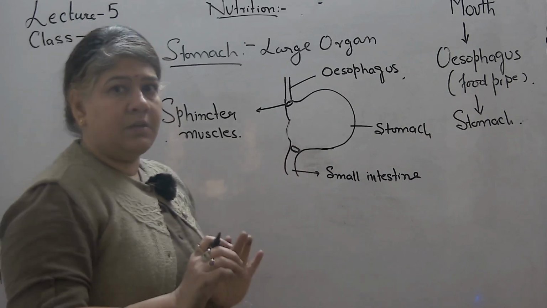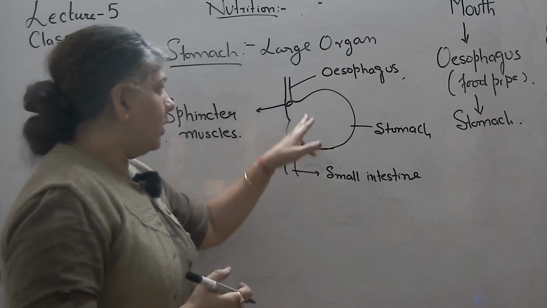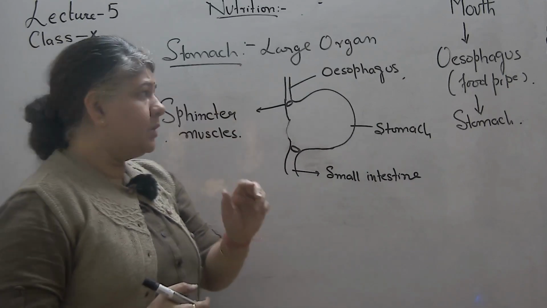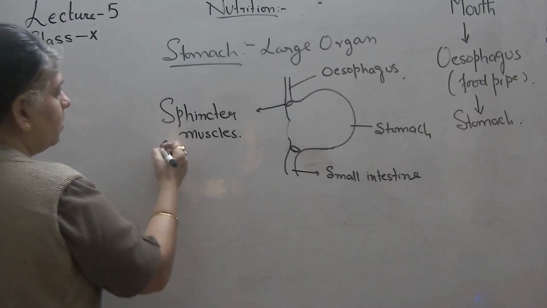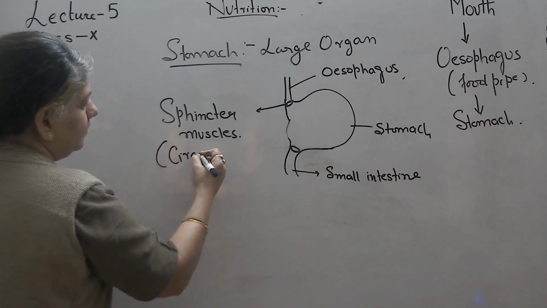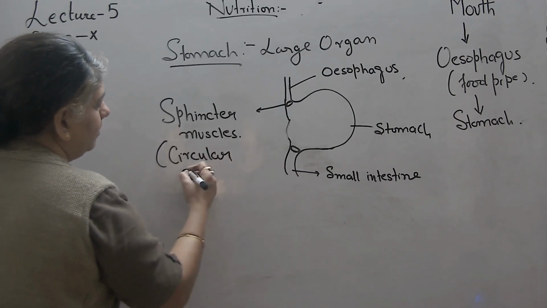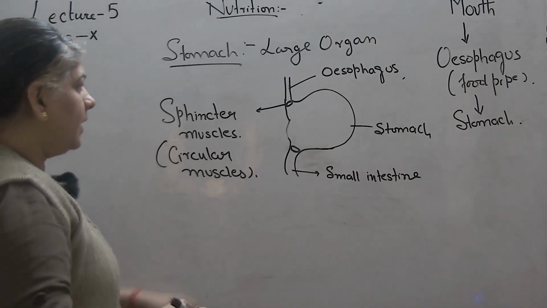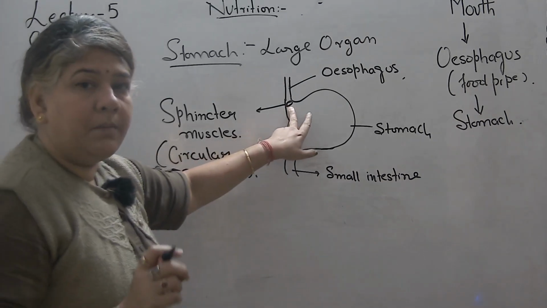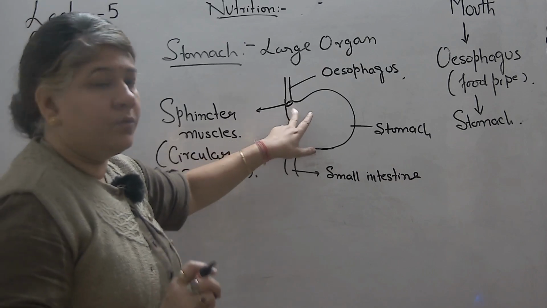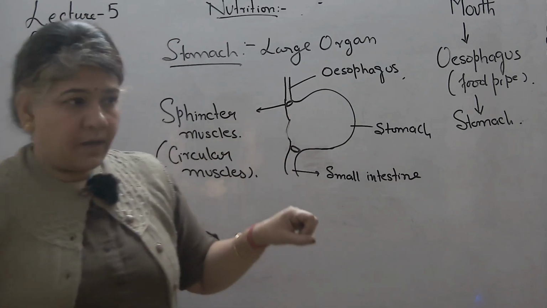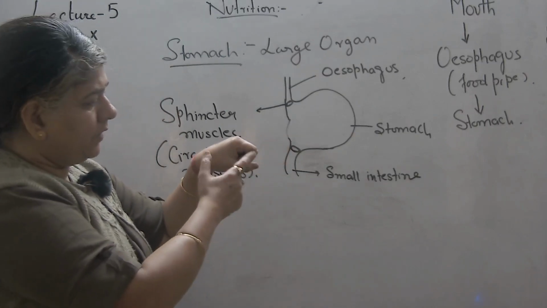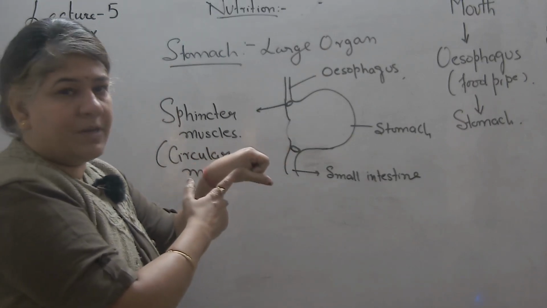In class 10 you don't need to remember the names of the sphincter muscles, but you must know what these sphincter muscles are. These are circular muscles that regulate the movement of food. I'll try to make you understand: say this is a sphincter muscle.